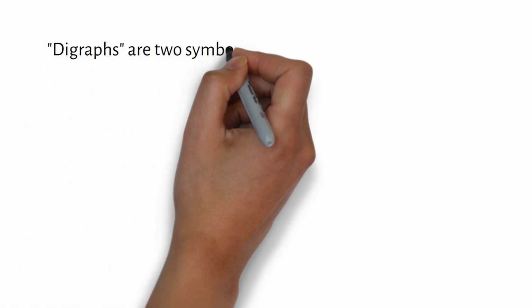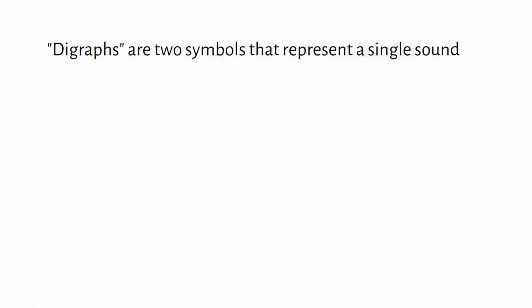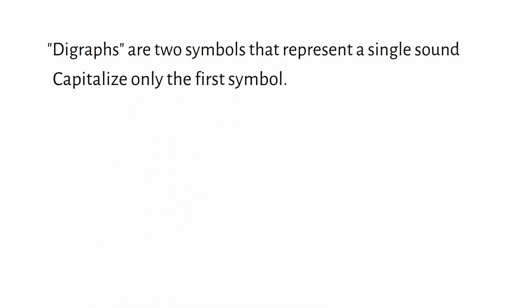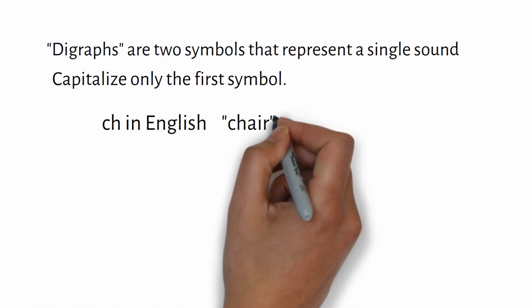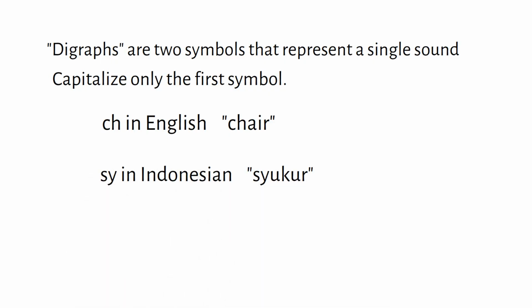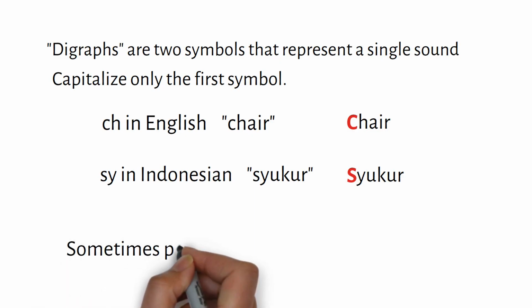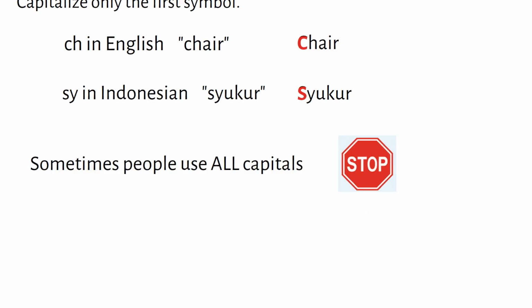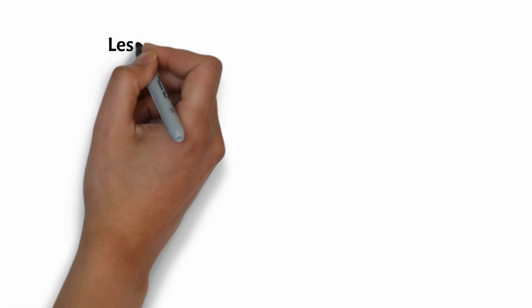If you have a digraph, a sound that needs two symbols in writing, capitalize only the first symbol, as in English chair or Indonesian syukur. And sometimes people write in all capitals, either on signs or as emphasis. Those are the most common uses.